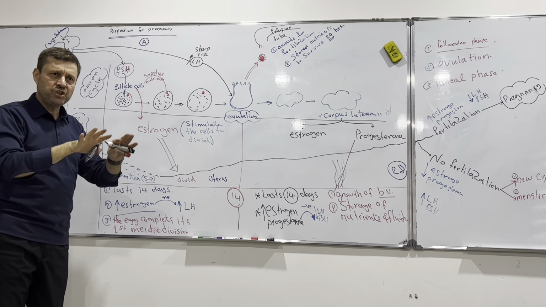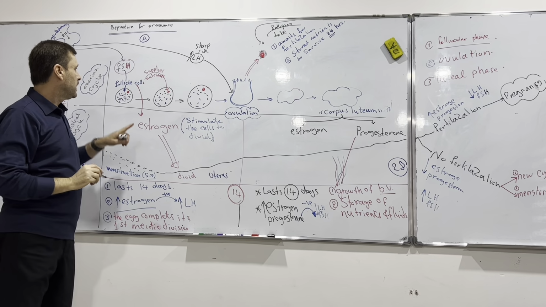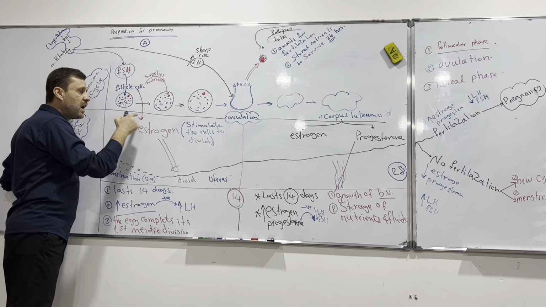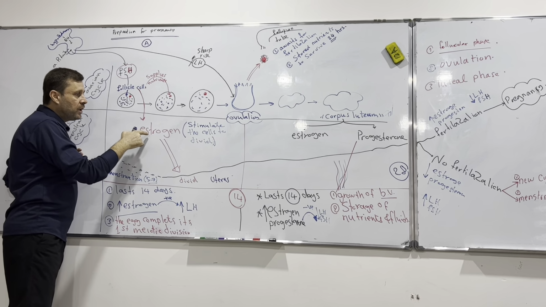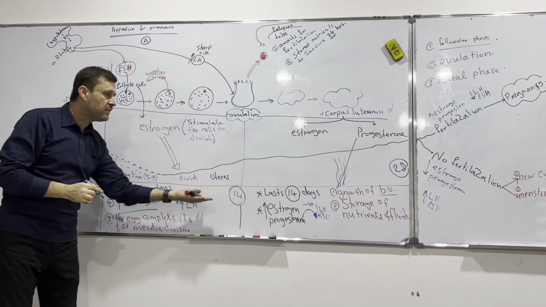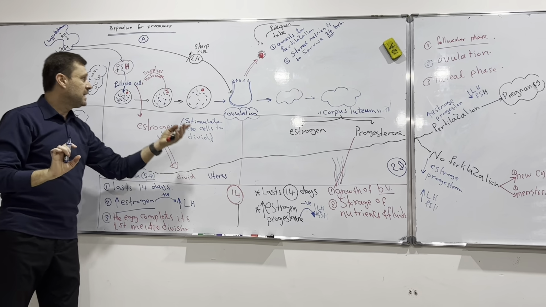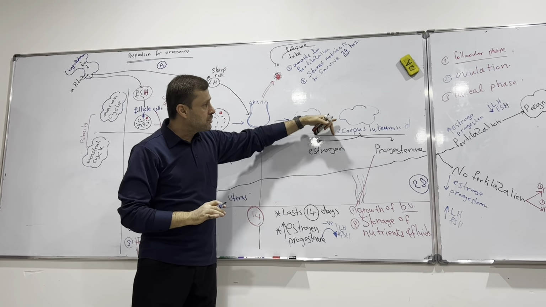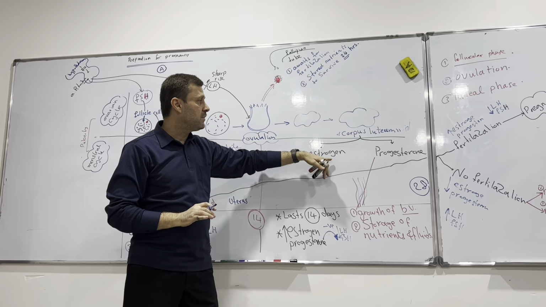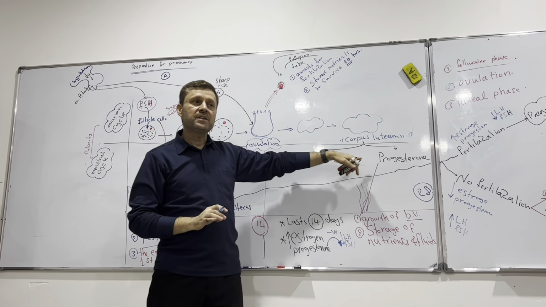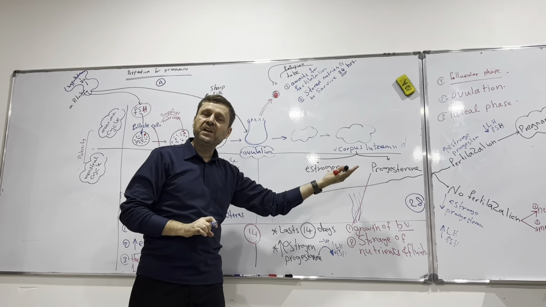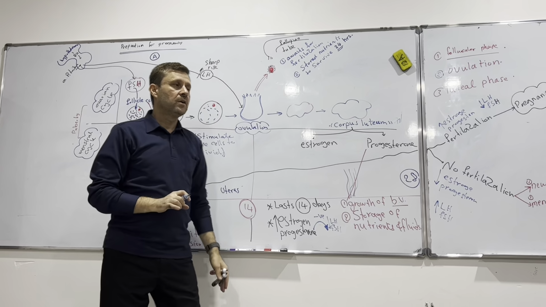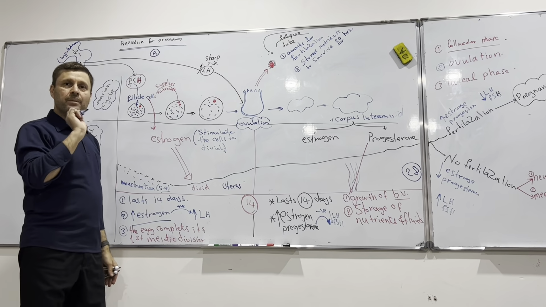If there is no follicle cell, do we have enough estrogen? No. So if there is no estrogen, do we have cells dividing in the uterus lining? No. If there is no estrogen, there is no corpus luteum also, and if there is no corpus luteum, we don't have enough estrogen and progesterone, so no menstruation.